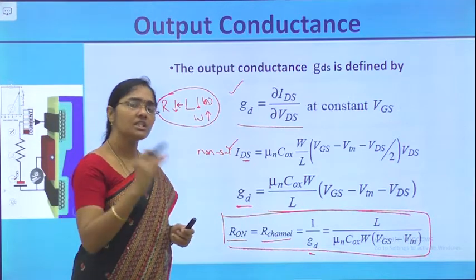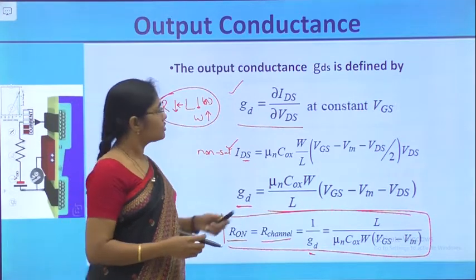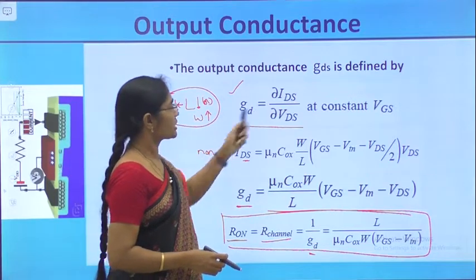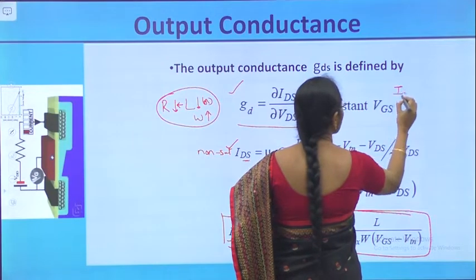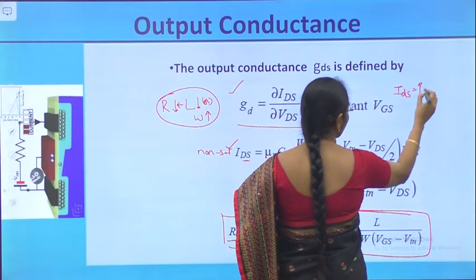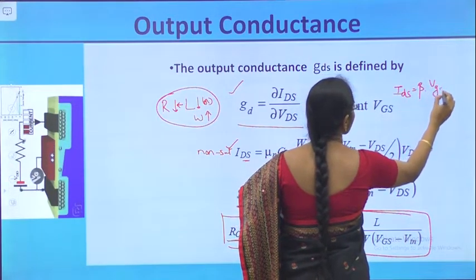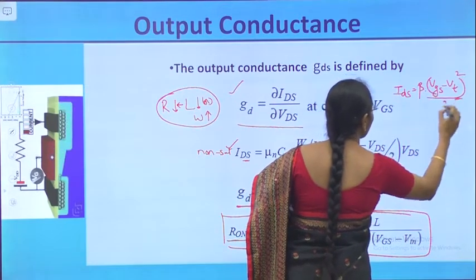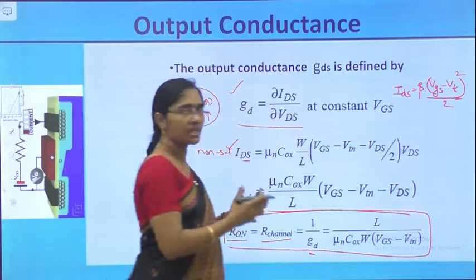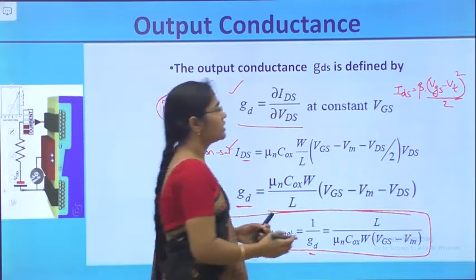What about GD in the saturation region? Here also we take the derivative with respect to VDS. But what is the current equation in the saturation region? Beta into VGS minus VT whole square by 2. There is no VDS term in this entire IDS equation of saturation.